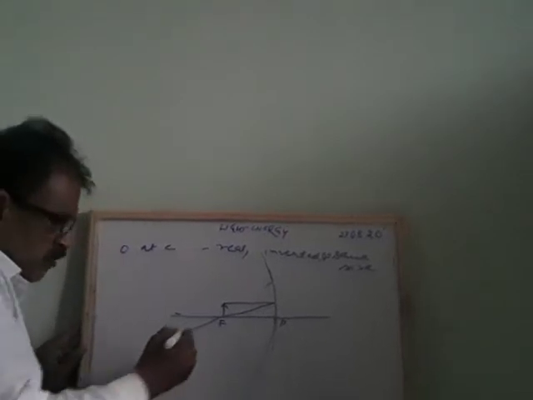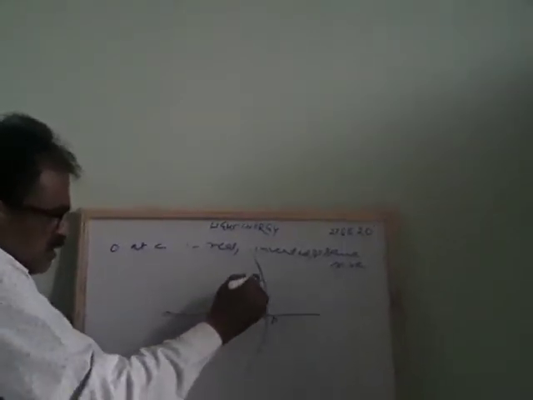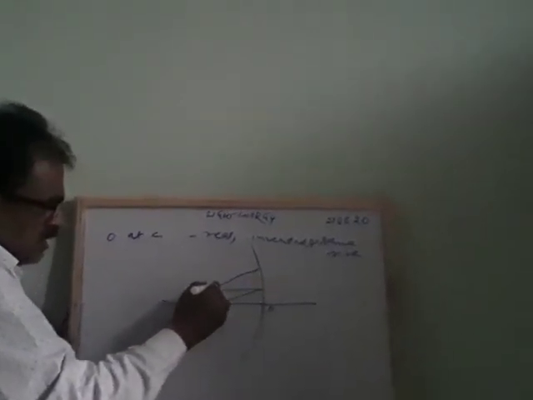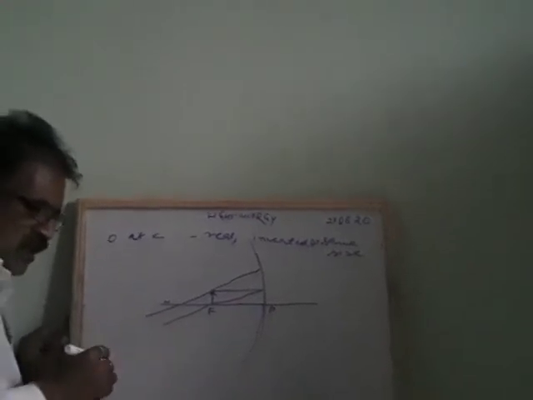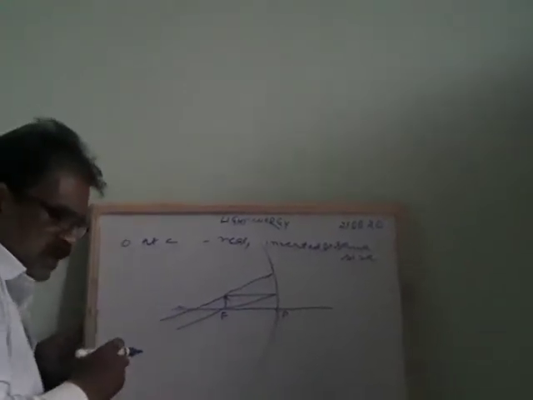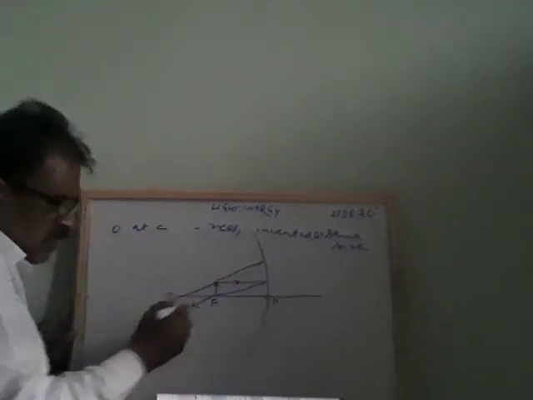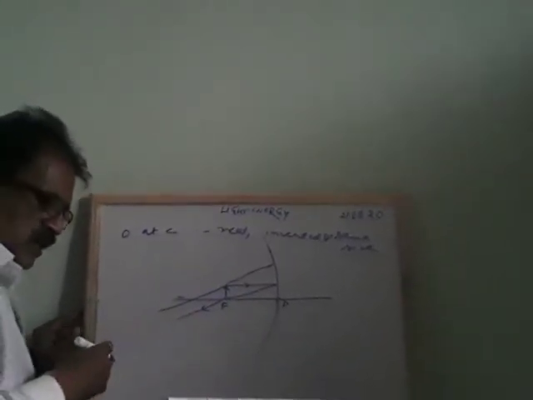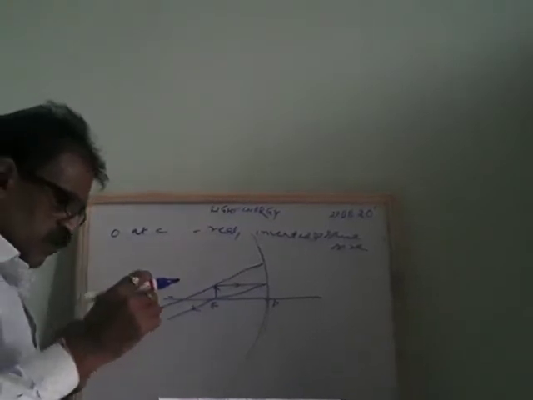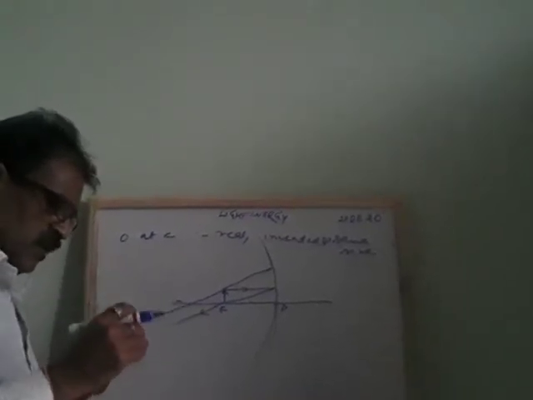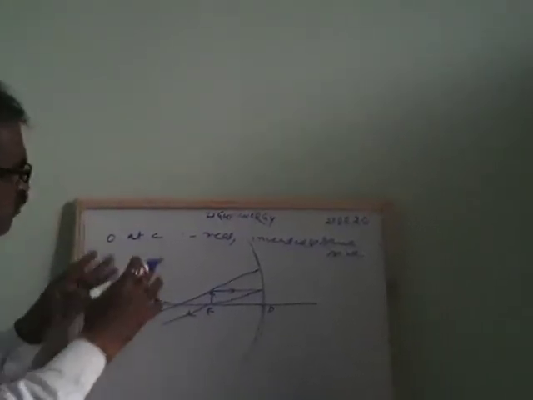This light ray passes to here and comes in the same direction, so both are parallel. When the light rays come back, the nature of the image is real, inverted, and highly magnified. This is bigger in size.